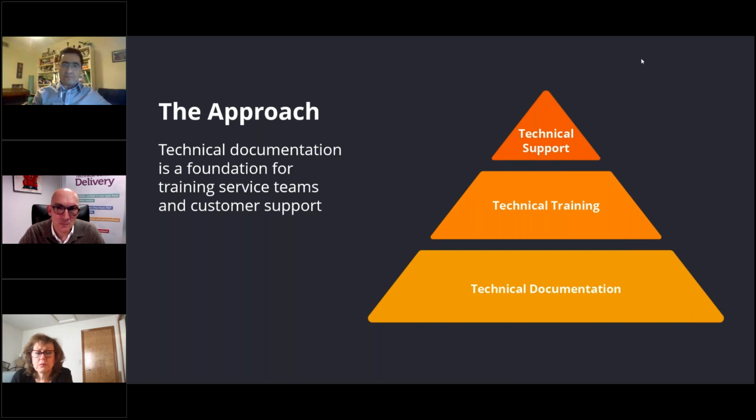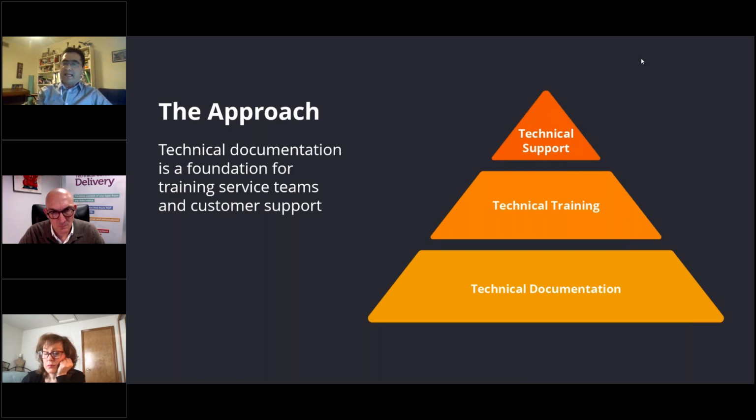So basically, when we began working on that project, we decided that we would make the technical documentation a foundation for pretty much everything. The technical documentation would be targeted not only at the operating and maintenance team, but also at other people who will be interested in this kind of content.